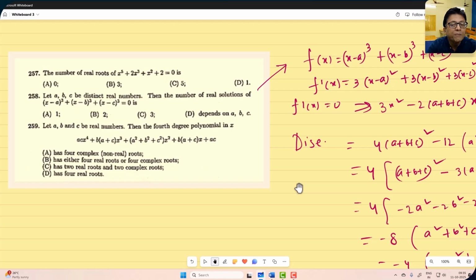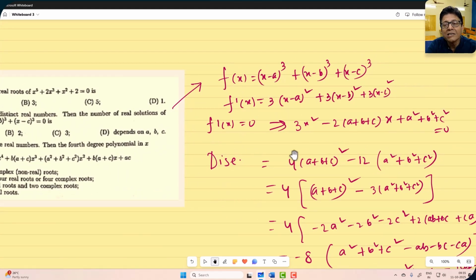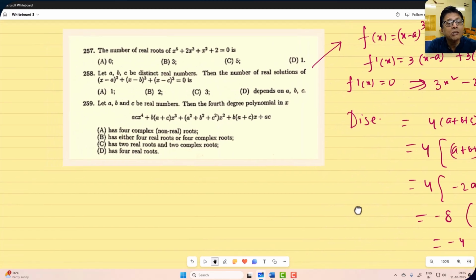But it is confirmed that f dash x equal to 0 has no real root. So, there is only one possibility for 258, it has only one real root, and that option going to be A. Okay?